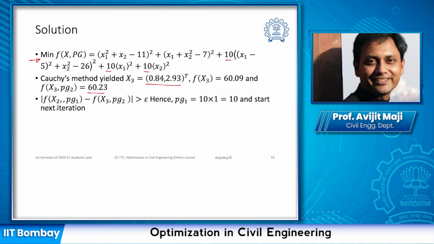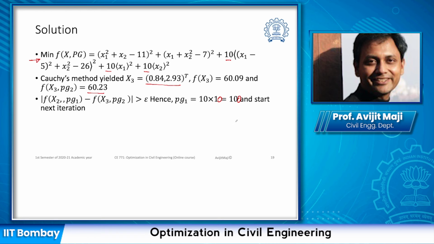Once we compare these values, we'll find that it is still not meeting the precision, so we do need to continue, and before we continue, we need to increase the value. Earlier it was 10 times 10, it will be 100.